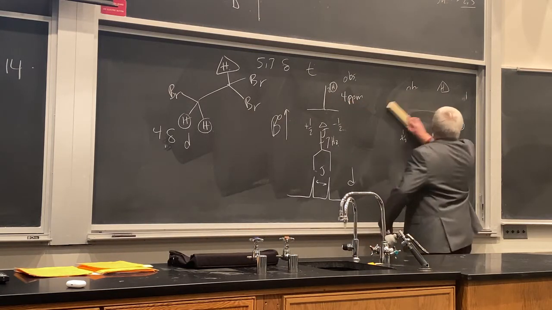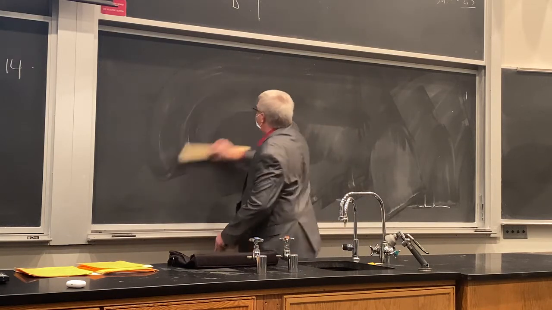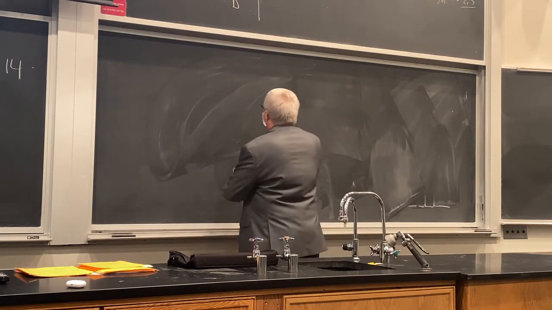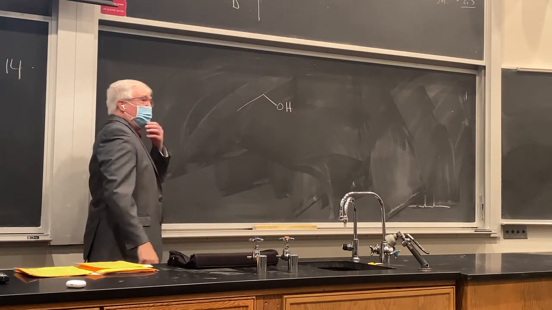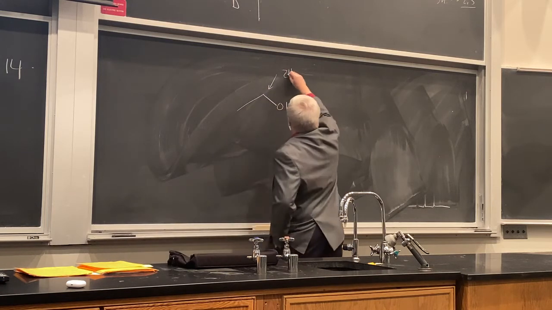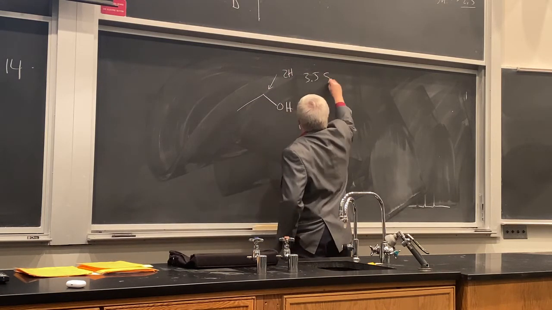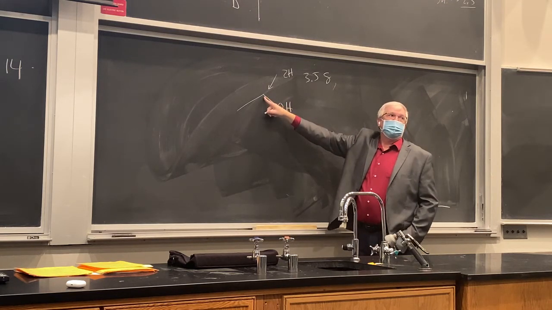Let's do the one with ethanol. And that's the one from before, right? And what was the splitting pattern there? And we can assign some shifts here to this already too. So these two here, 2H, will show up at about 3.5 delta. And what will be the multiplicity? How many neighbors do they have?